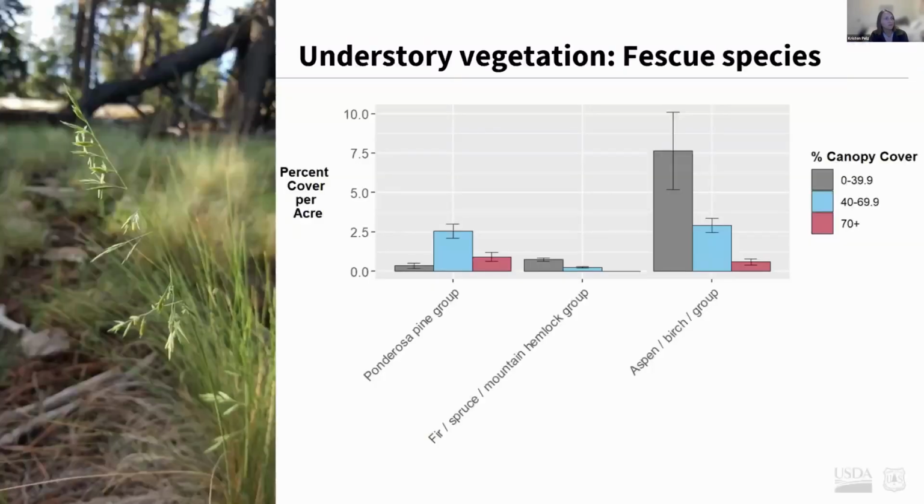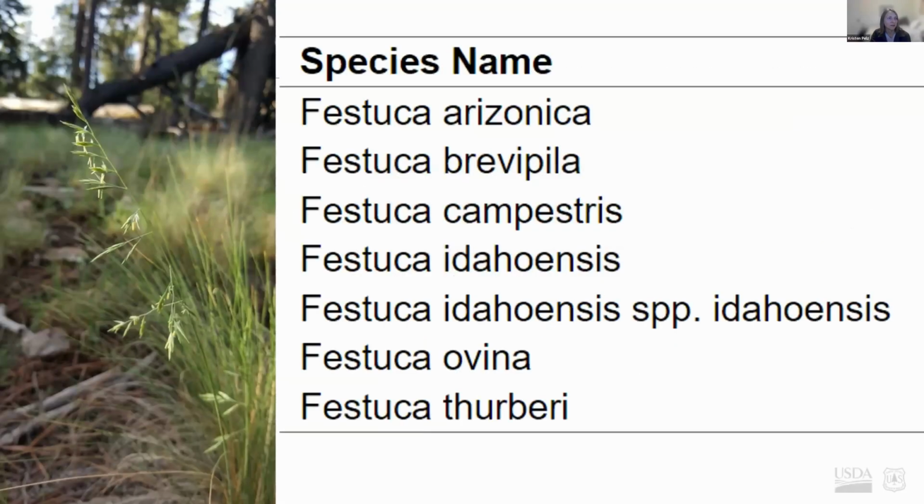Quickly jumping to looking at the understory vegetation, one of the things they're interested in was the percent cover of fescue species in various forest types. And this is a graph from the automated report that spits out. And this belies a huge amount of work that went into this, such as figuring out how to deal with all these different fescue species that were showing up in our database for better or worse, and also working on figuring out how to generate estimates that made the most sense.